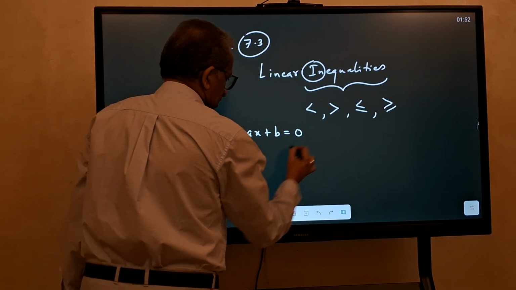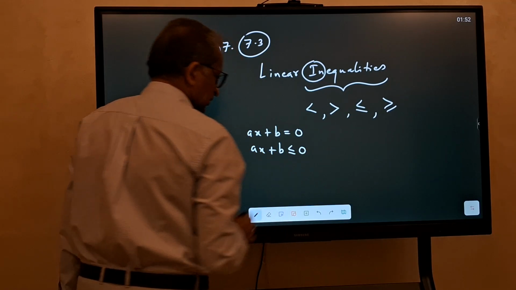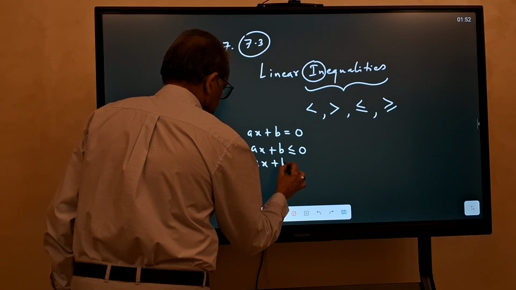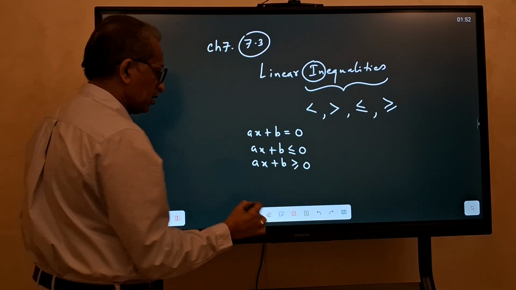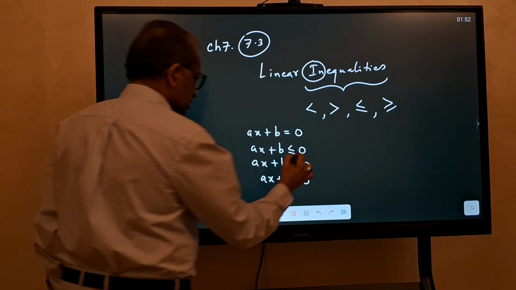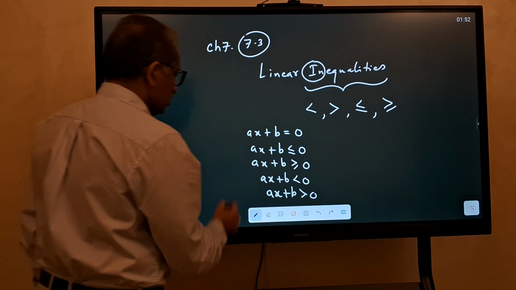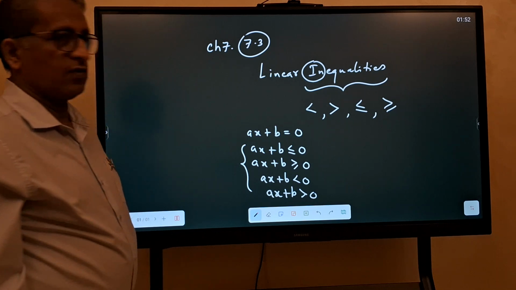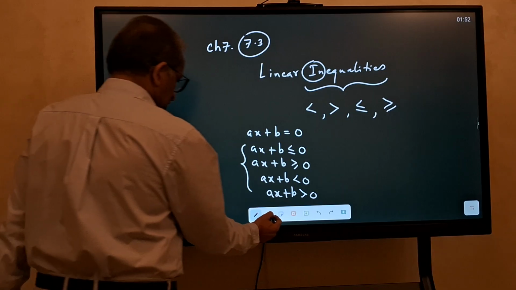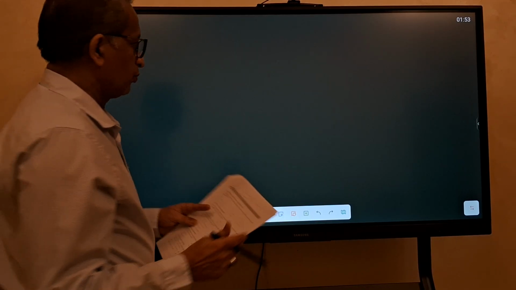This is the linear equation. The same thing, if I write like this, becomes a linear inequality. This type of equation we are going to study in this section 7.3.